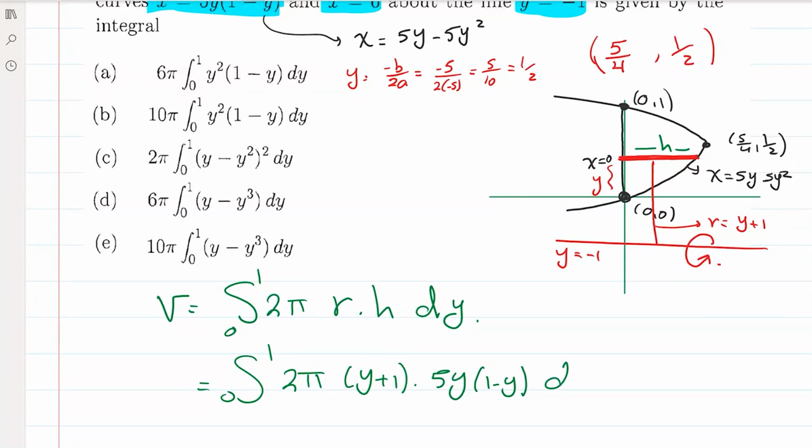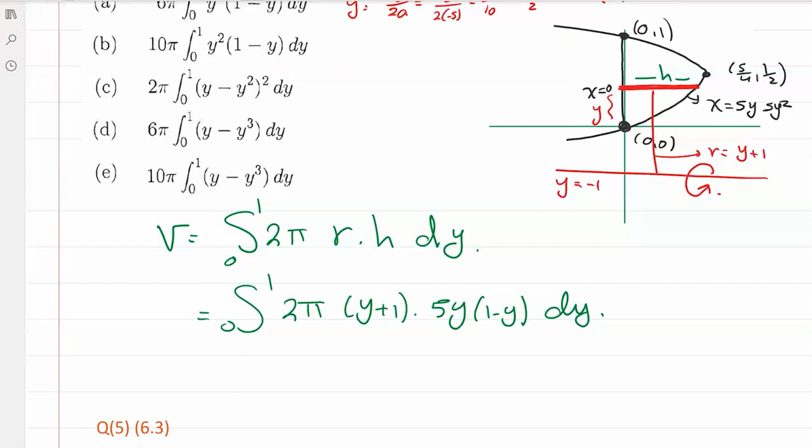If you simplify, you take 5 times 2 pi, it will be 10 pi outside the integral from 0 to 1. If you open the brackets, y plus 1 times 1 minus y is the difference between two squares, so it will be 1 squared minus y squared, multiplied by 5y dy.